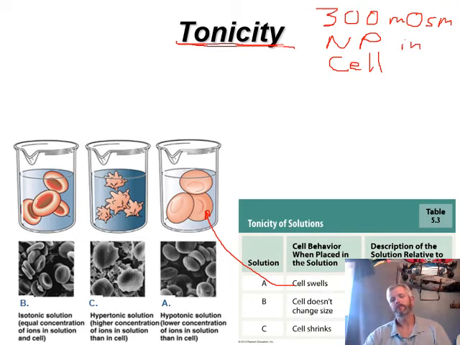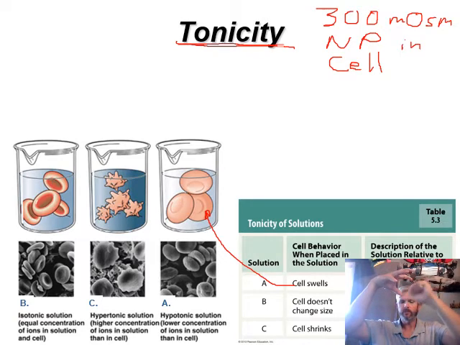Now I have my cell. I have a solution that has less non-penetrating solutes than what's in my cell. Where's the water going to move now? It's going to move towards the solution with the higher non-penetrating solutes, which is in the cells, and that causes the cells to swell.